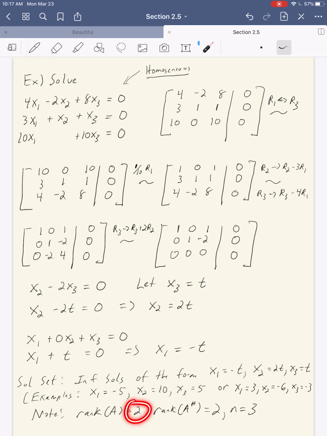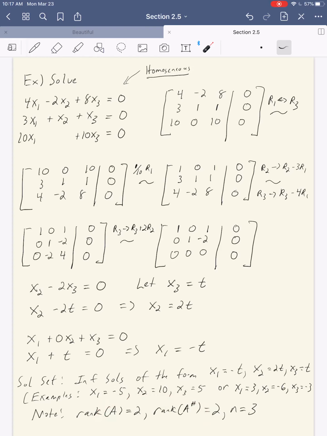Well, these were 2, and this was 3, so that difference is off by 1. And how many free parameters did we need? We only needed 1 free parameter to explain the solution set. So one of the theorems we're going to be proving in our next video is that the number of free parameters necessary is the difference between the number of variables and the rank of this matrix or the augmented matrix.